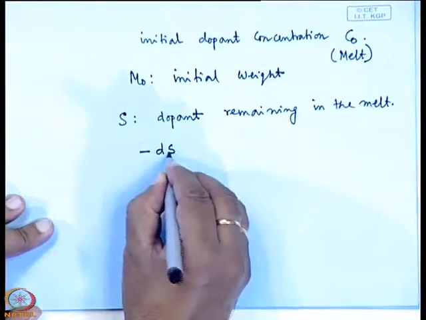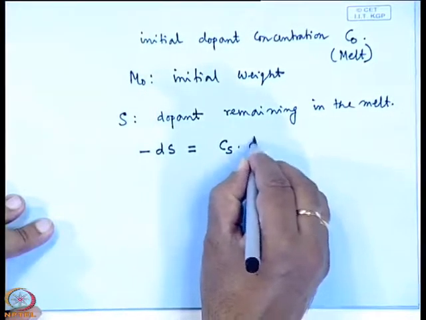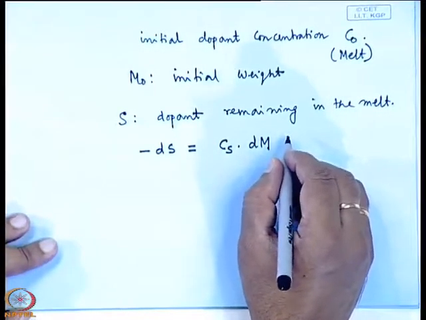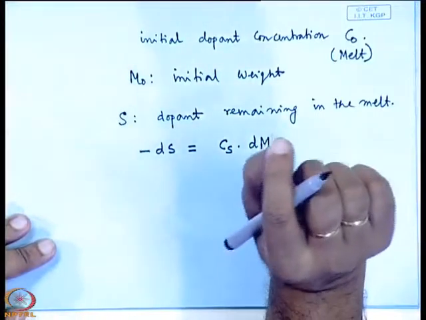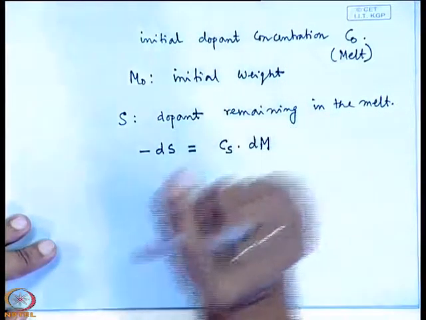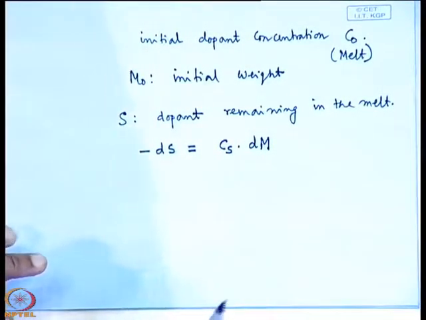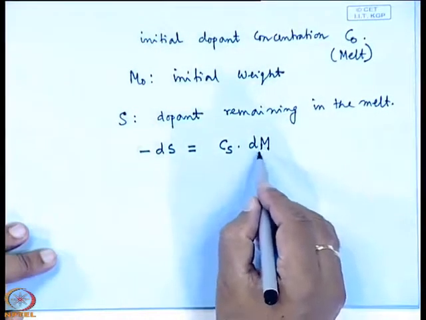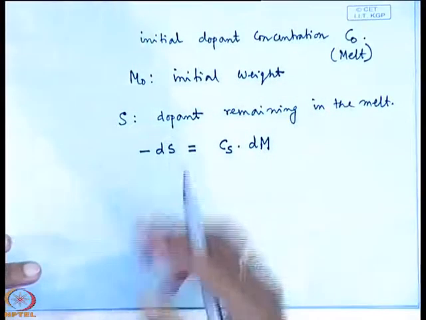So, minus dS will be equal to Cs into dM. What is dM? dM is the amount of crystal which is being produced, a very small amount of crystal. M is the total weight, so dM is the infinitesimally small weight, and S is the dopant remaining in the melt.